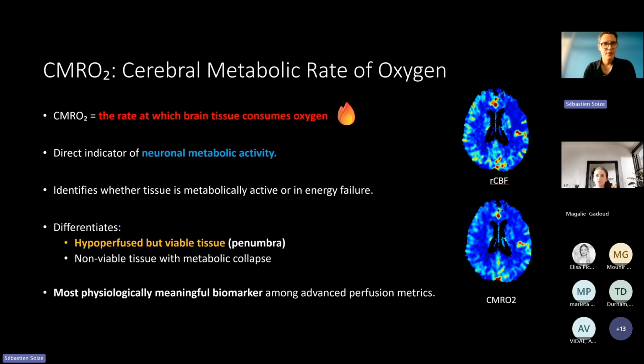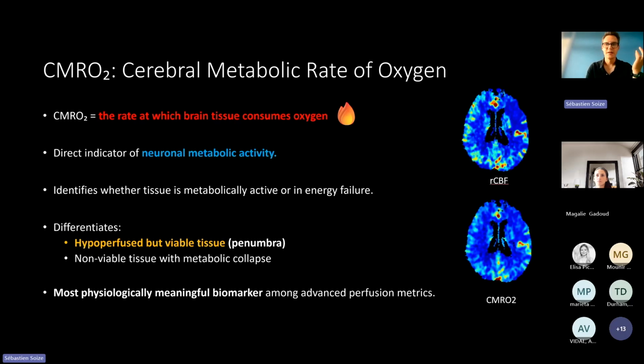The first parameter, which is to me the most relevant, is the CMRO2, cerebral metabolic rate of oxygen. You have to understand really easily that it's the rate at which the brain tissue burns oxygen. So if it's really low, there's no more oxygen. It's your metabolic activity.